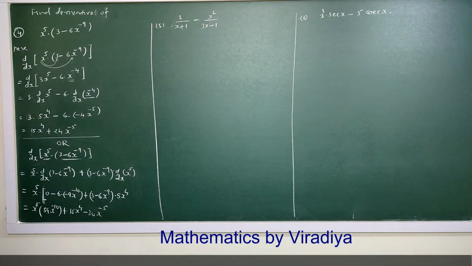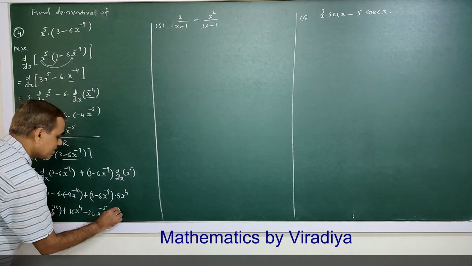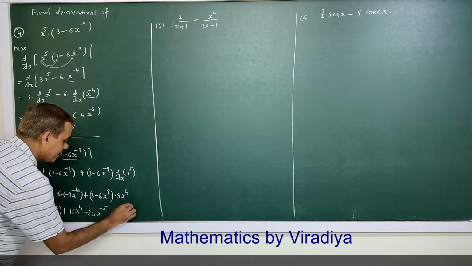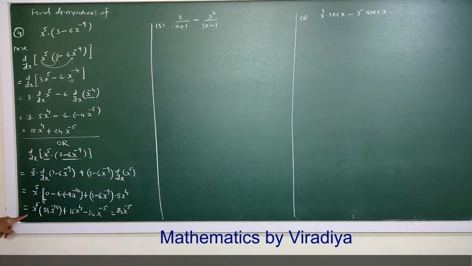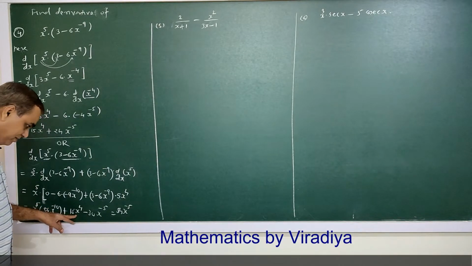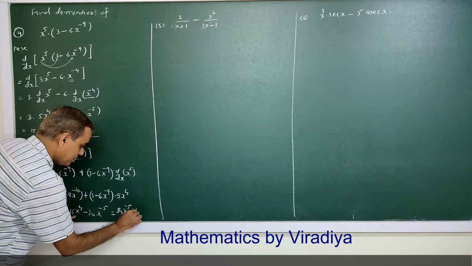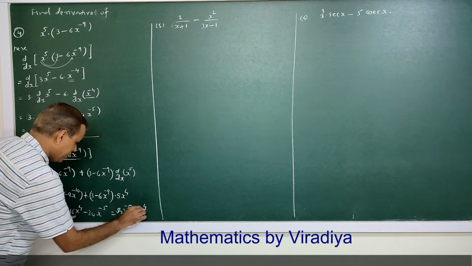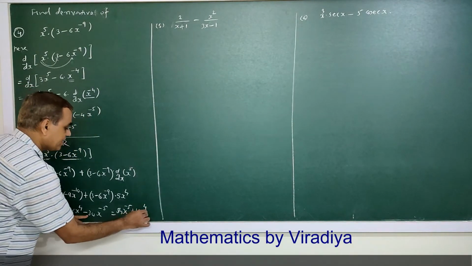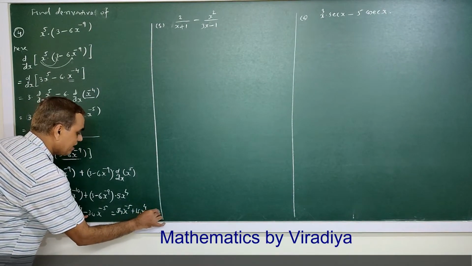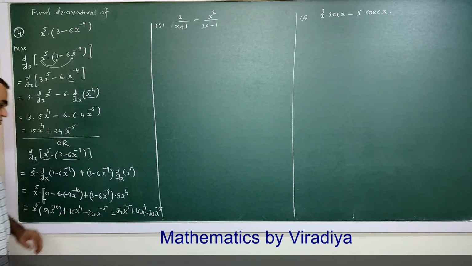So now joining this, it is equal to 54 into x raised to minus 5 plus 15 into x raised to 4 minus 30 into x raised to minus 5.